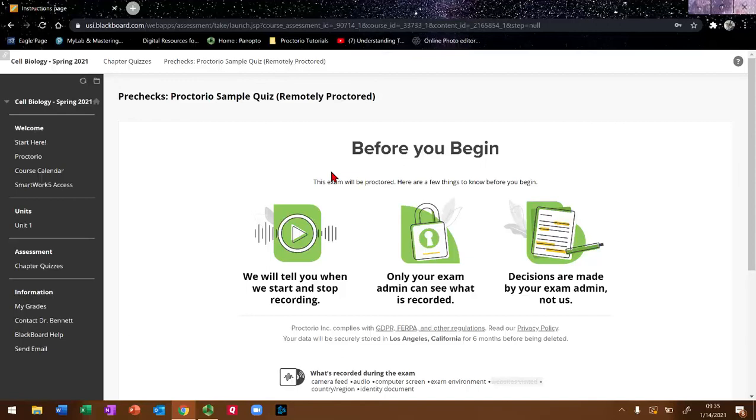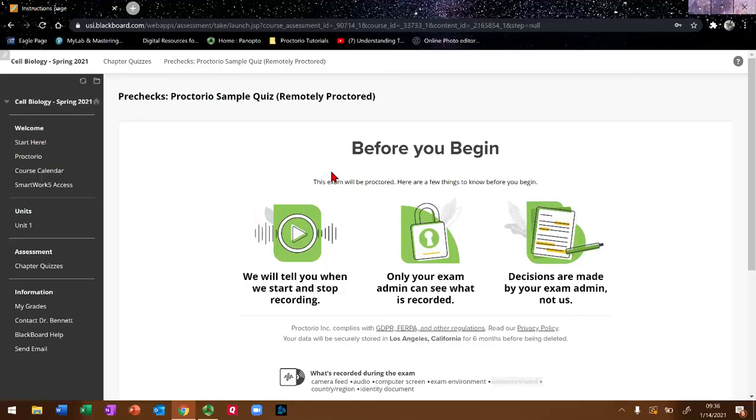So if you have a Microsoft Surface product, that could also be causing the problem. So again, a full-blown laptop, not a tablet, not a phone, not a Google Chromebook, not a Microsoft Surface product. It has to be a traditional computer using Google Chrome.